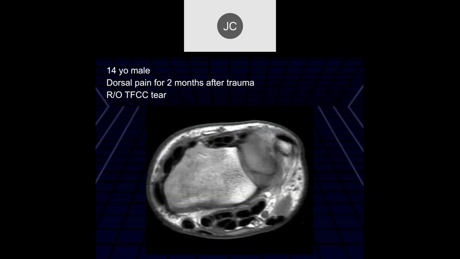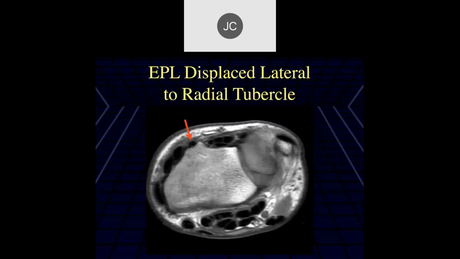This patient had trauma which caused a displacement of the EPL out of the third extensor compartment across Lister's tubercle to the other side. So this patient had a traumatic displacement of the extensor pollicis longus, and that was the cause of the patient's symptoms.